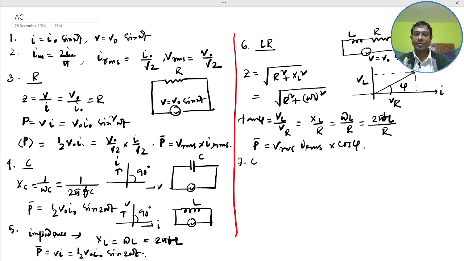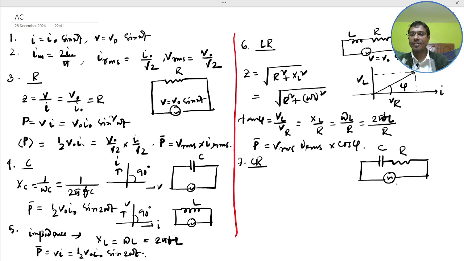Next one, the CR circuit. So this is the C with R, that is CR. So this is the VC and this is the VR across here. So this one, these are the V. So this is the phi, VR and this is the VC.